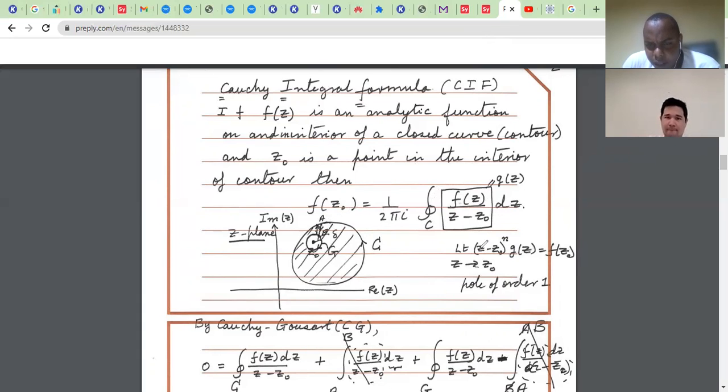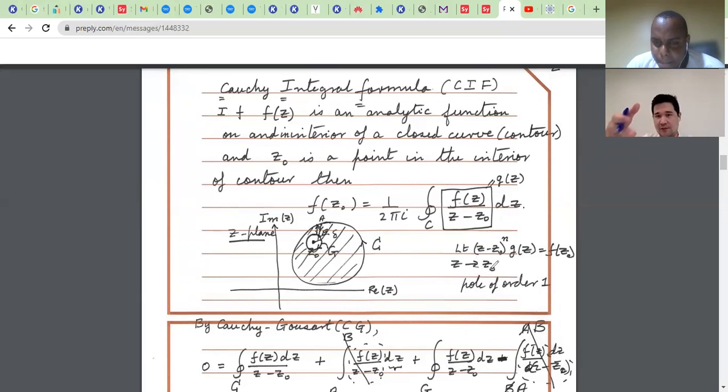Yeah. So the limit as z tends to z naught of (z minus z naught) to the power n times g of z equals f of z naught. It's going to be a pole of order 1. Why are we talking now about the limit? Remember how we defined simple poles and stuff like that?